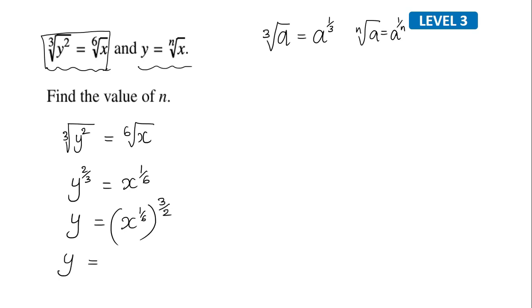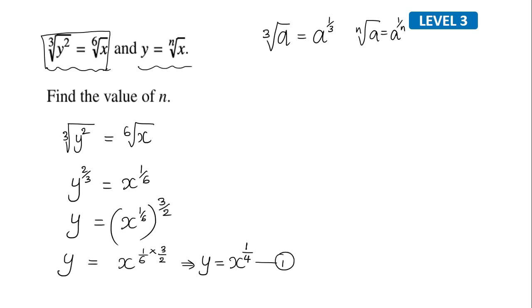So y here is equal to x to the power of 1 by 6 times 3 by 2. So you have y is equal to x to the power of 1 over 4. This is your first equation.